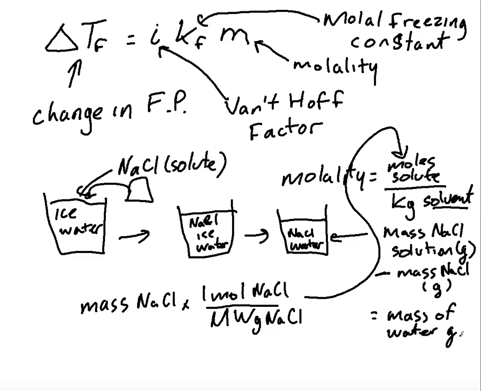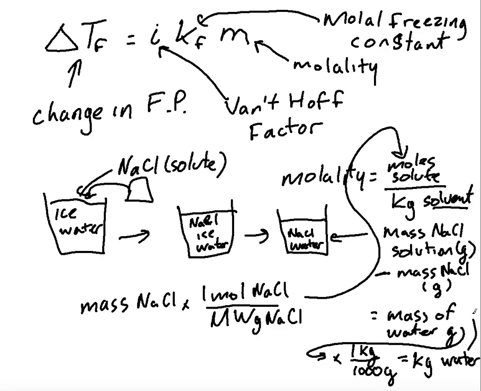That needs to be converted into kilograms, and the way we do that is we do times 1 kilogram over 1,000 grams. So make sure you always show that dimensional analysis when you're showing that work as well, and we'll end up with kilograms of water, which is what goes in here as kilograms of solvent. So that's how you're going to pick up the molality here so that we can get this Kf value.